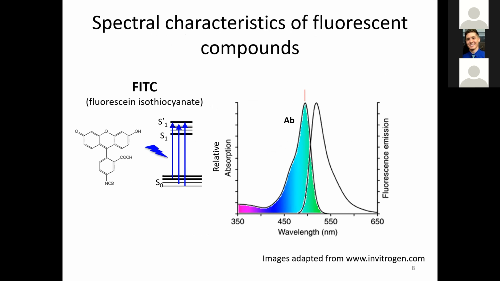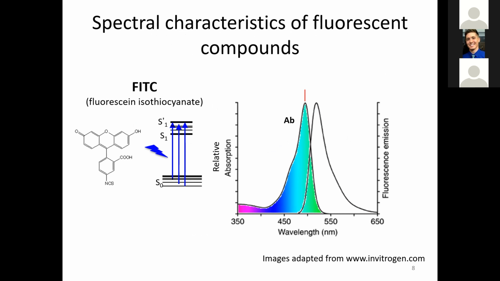And so the most important property of fluorophores that we want to look at today is the excitation and absorption. For example, FITC, a not so commonly used fluorophore anymore, but we can say this is Alexa 488 in this case.